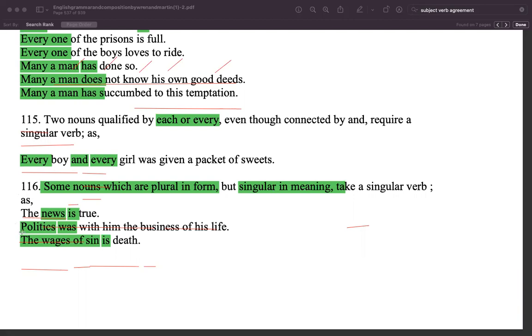Even if you talk about politics, the wages of sin is death. So in that case, you would find whether you are talking about news, politics, wages. So these are called nouns. They carry the plural name, but work in the sentence in singular form.